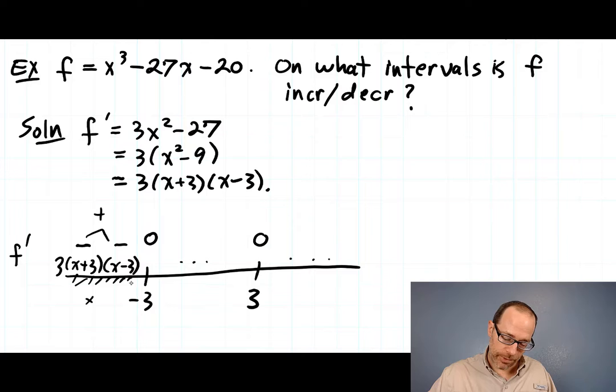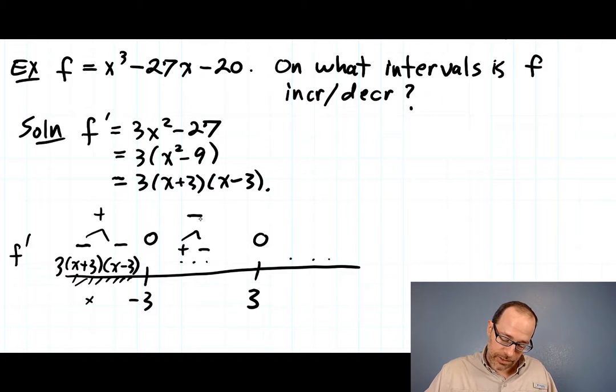Okay? Now in the middle, that x plus 3 term, well, that'll be positive because, for instance, 0 is in this interval, and 0 plus 3 is positive. And the x minus 3 term, well, if I'm subtracting 3, this will still be negative because I'm not up to 3 yet. So the whole product of both of those terms would be negative.